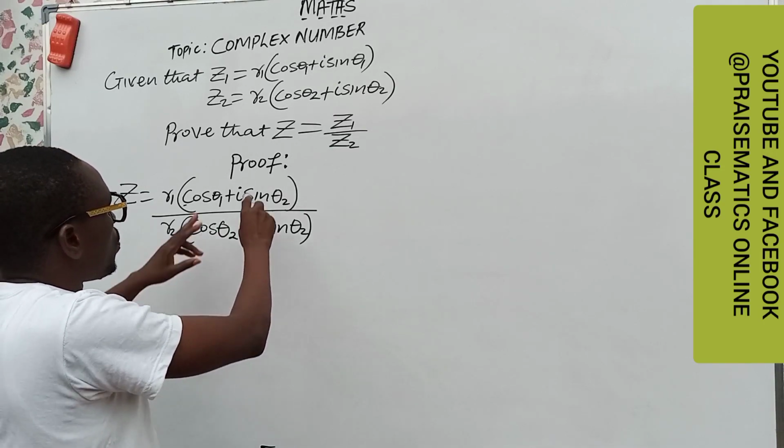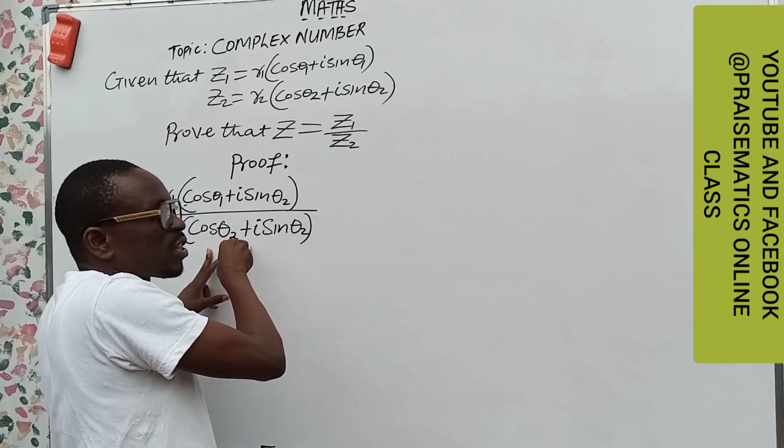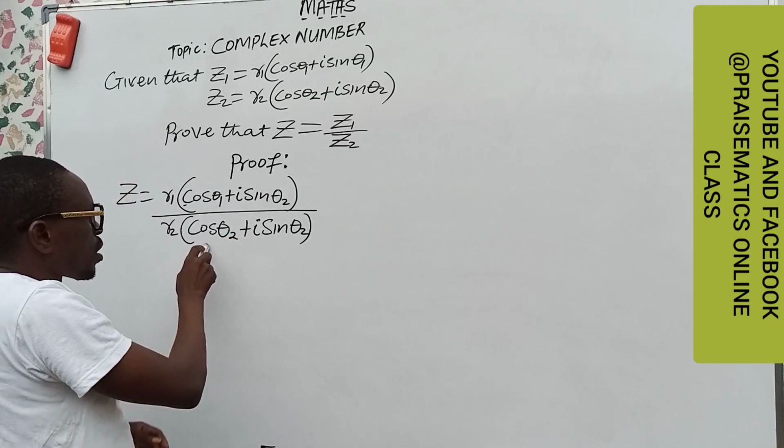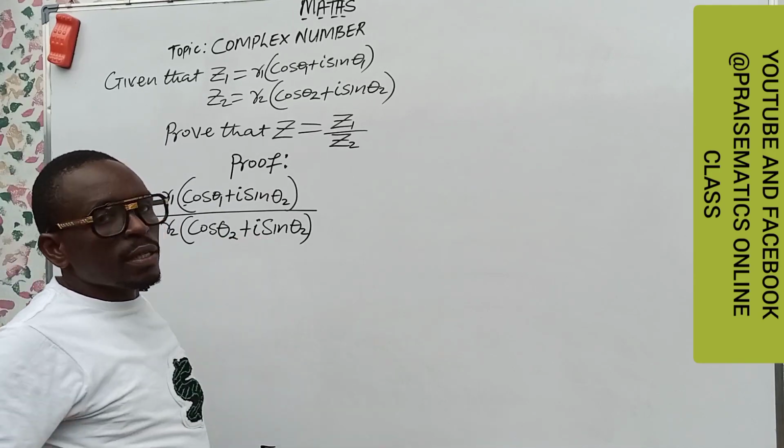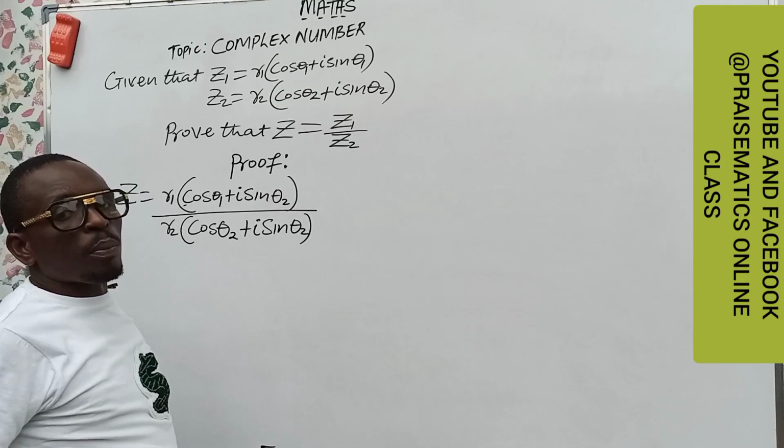Multiply together by the conjugate of the denominator, the conjugate of this trigonometric form of the complex number.